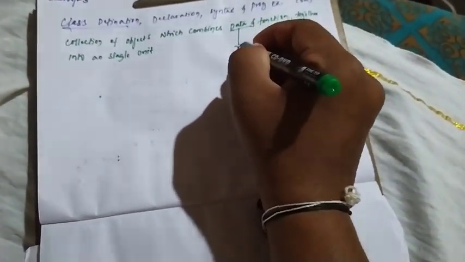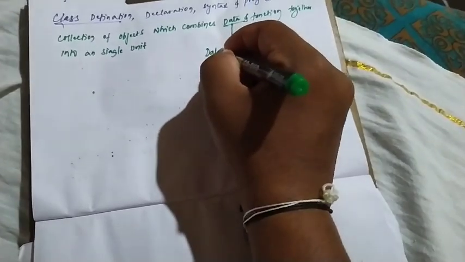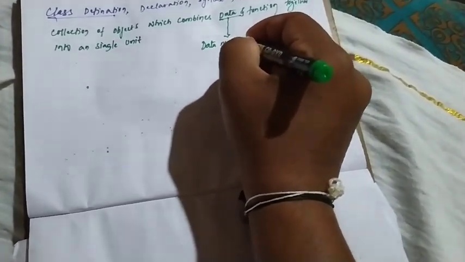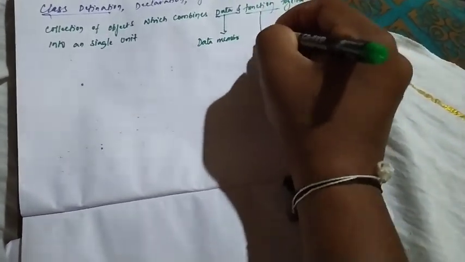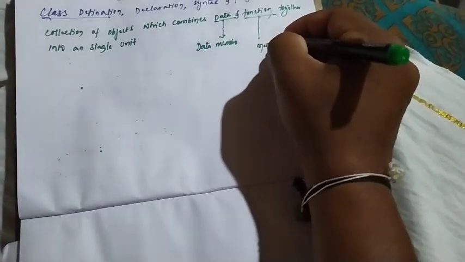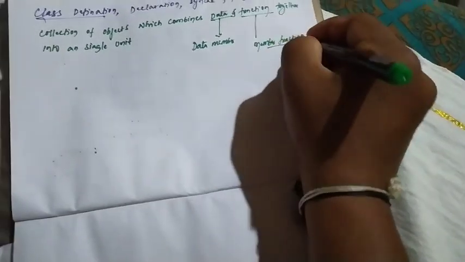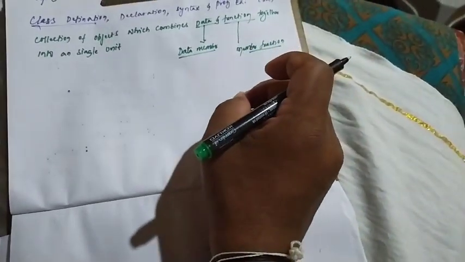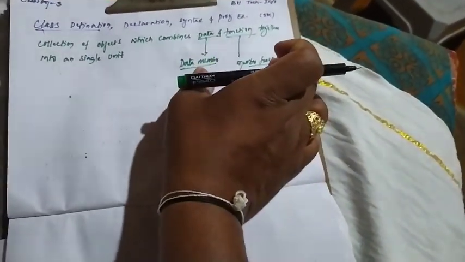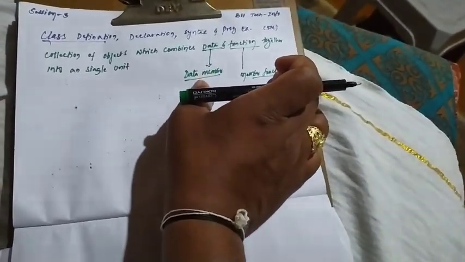Data means data member. Function means member function. These two things are very important and required to develop a class.